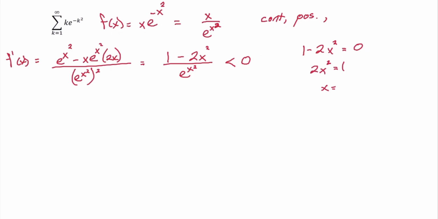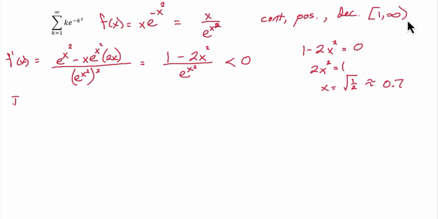X is equal to the square root of a half, which is roughly 0.7. So we can say that it is decreasing on 1 to infinity. Since we're starting at 0.7 decreasing, then it's definitely decreasing from 1 to infinity.